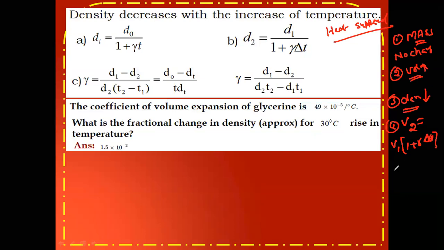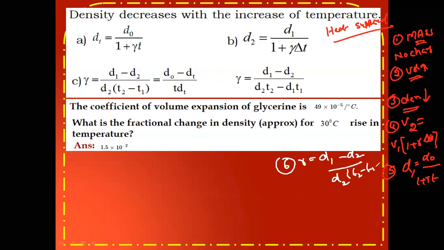In the same way, the formula we have to keep in mind is density d1 is equal to d0 by 1 plus gamma into delta theta. Or else the formula you have to keep in mind is gamma is equal to d1 minus d2 by d2 into (t2 minus t1).